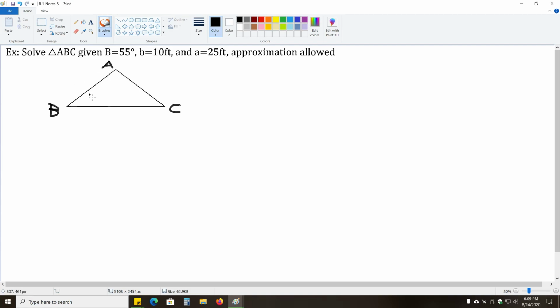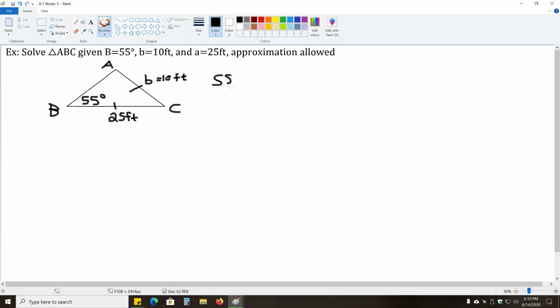Doing this, we have an angle of 55 degrees here, which means the side opposite will be B, which is 10 feet, and the side opposite angle A is 25 feet. So notice, if we check what this is, we have a side, another side, and then an angle.